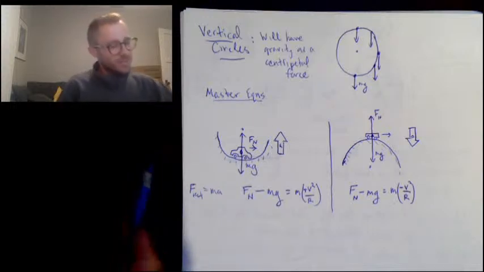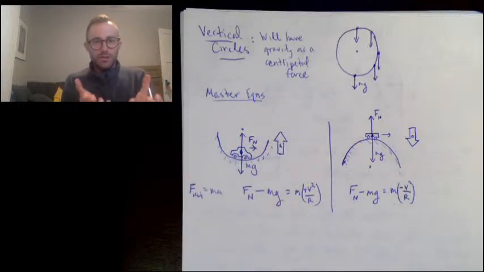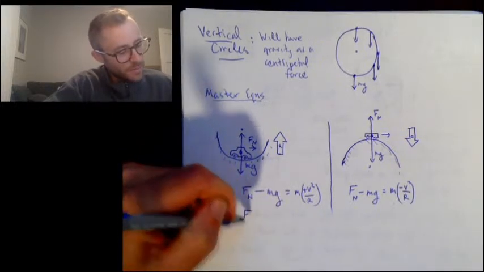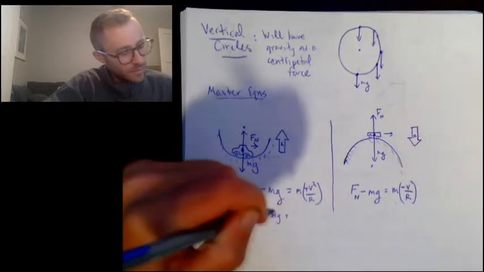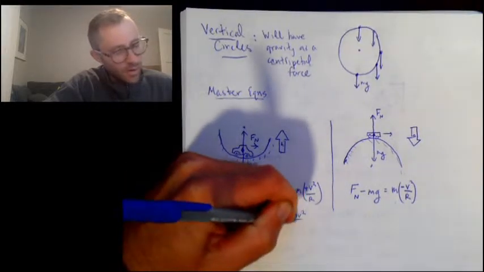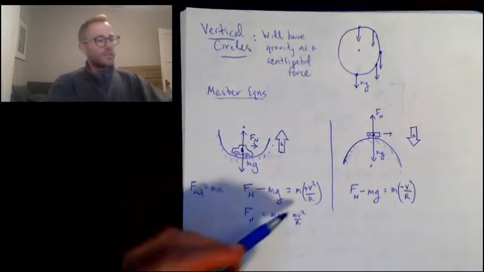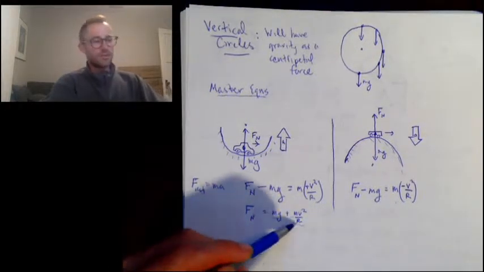We can see why that is. The force that you're feeling of the chair on your butt is the normal force. So if you're at the bottom of a hill, normal force is going to be mg plus mv squared over r. So we can see that it's your weight plus something.